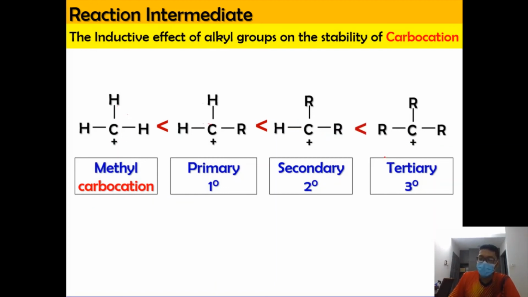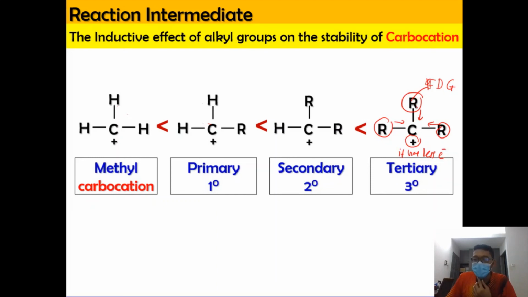Why is it so? The same concept applies to the free radical, and the same reason holds for the carbocation and free radical. This is because the carbocation here has a positive charge, which means it has less electron density, so it needs more electron density in order to stabilize it. The alkyl group here acts as an electron donating group, EDG. So it will donate electrons to the C plus here, to the carbocation.